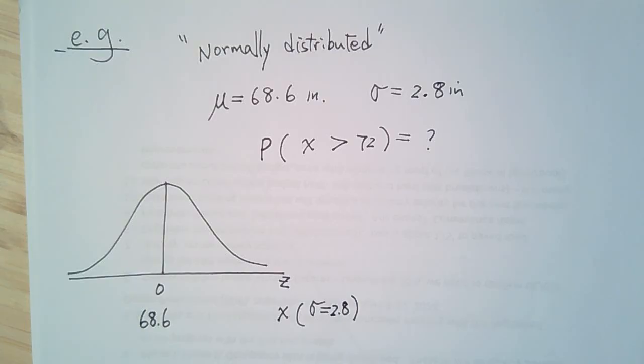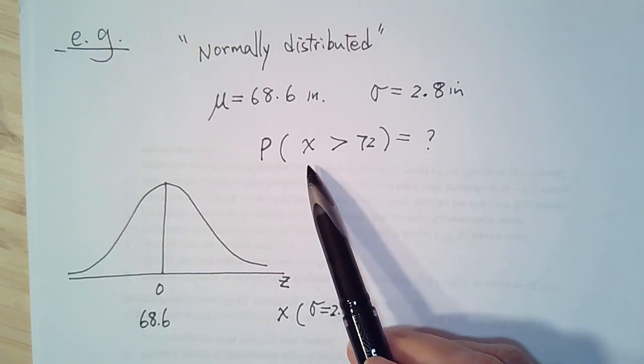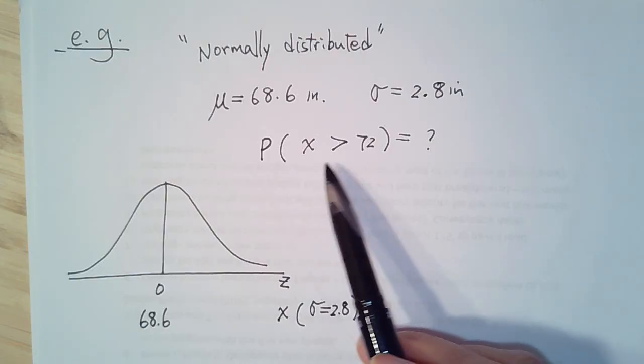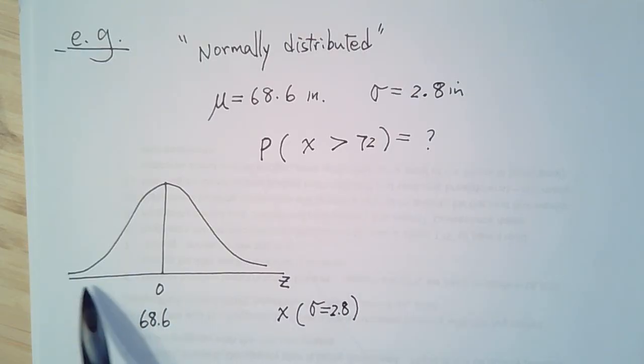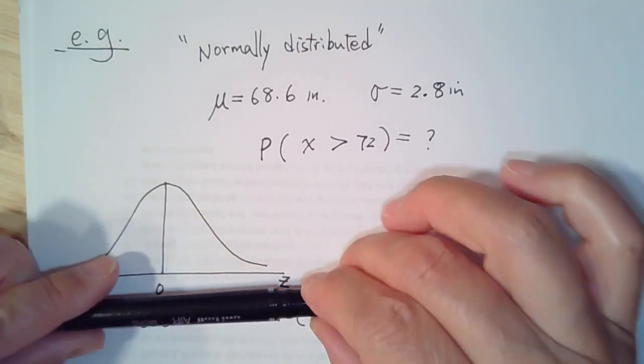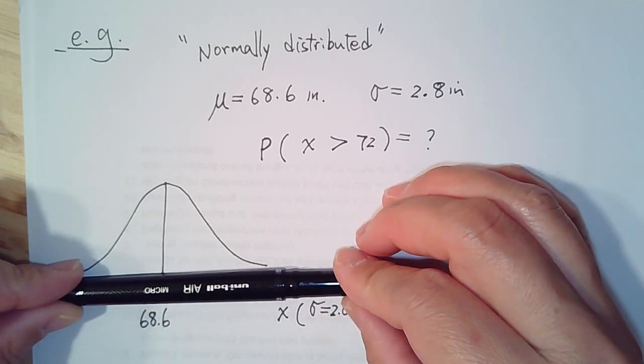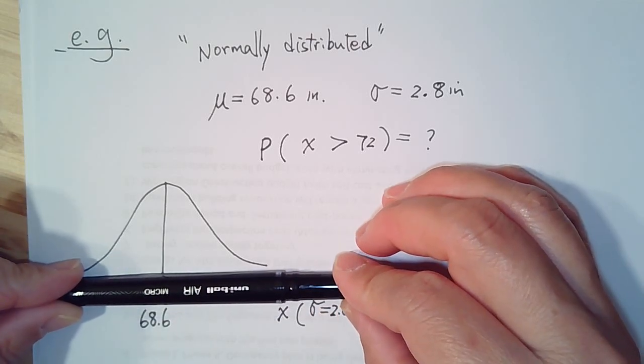Now next one, I'm asking you, what is the probability that x is greater than 72? Here is x, right? We keep using it. We recycle this line, or we use this again and again. So now, if you don't look at this 0 and the z, you just treat that as x. Where should 72 be?